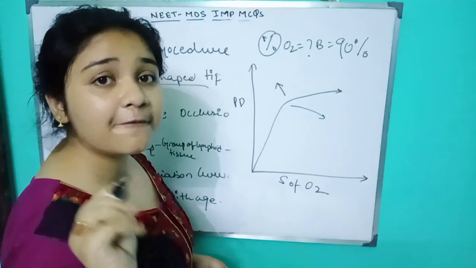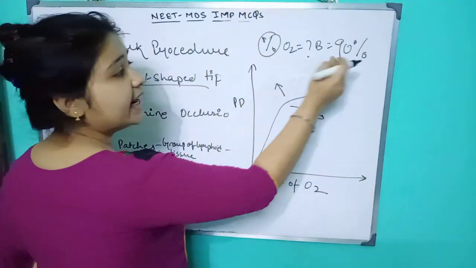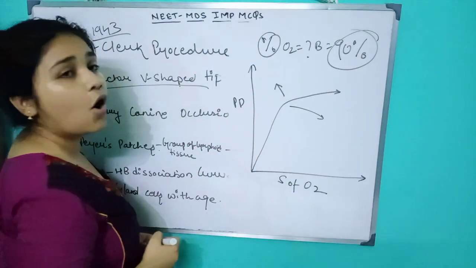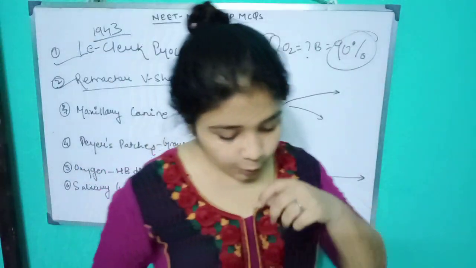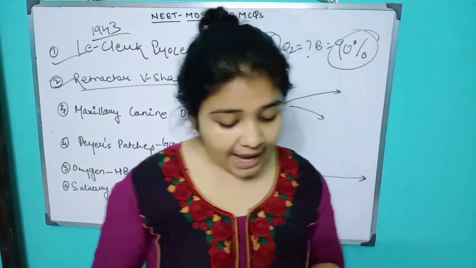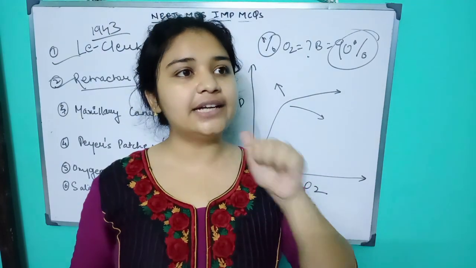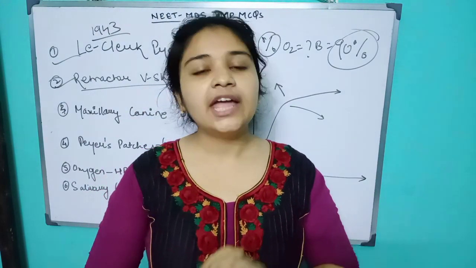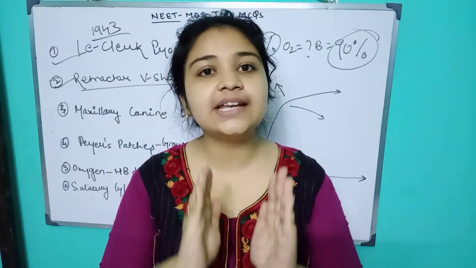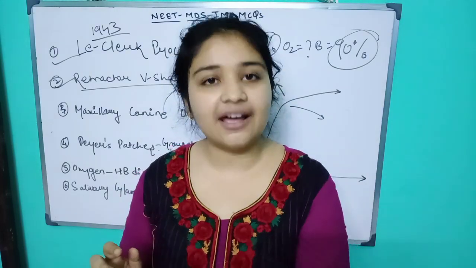See, one topic, five questions. First, what does this demonstrate. Second, how much percent of oxygen is there. Third question, what happens if it shifts to the left? Just take into consideration, if you have excess oxygen in your body, then it will shift to the left.